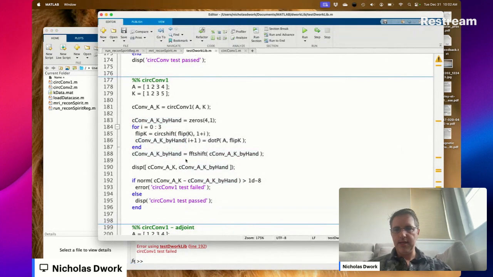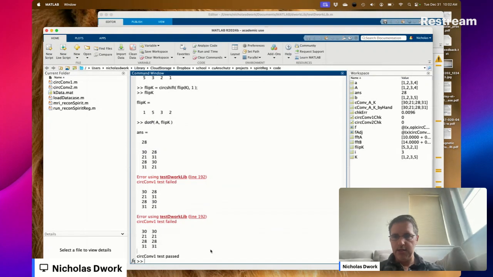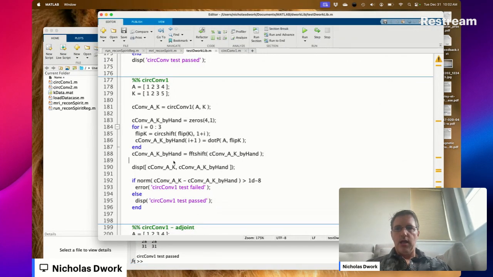So now I got to shift that. And sure enough, they line up. Okay. So this indicates to me that the circular convolution is working.